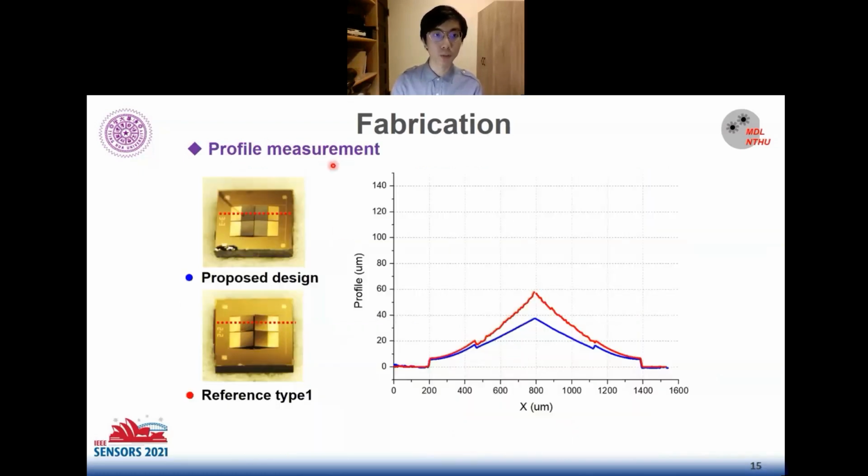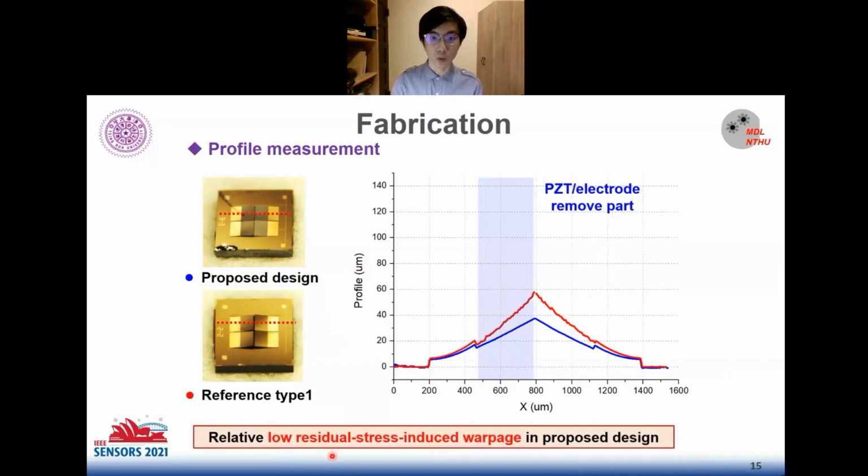The profile measurement result shows that after removing the PZT and electrode at the tip portion of the proposed design, the residual stress-induced warpage has been improved by the stress source removal.